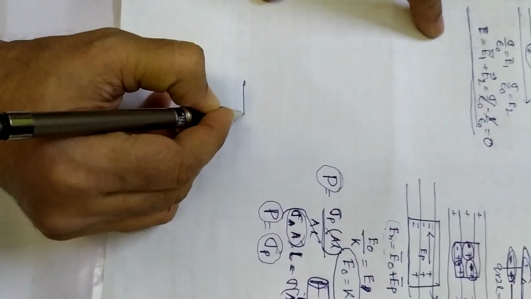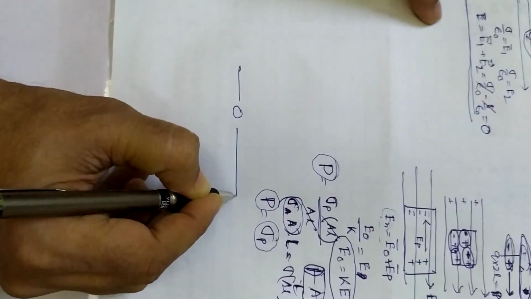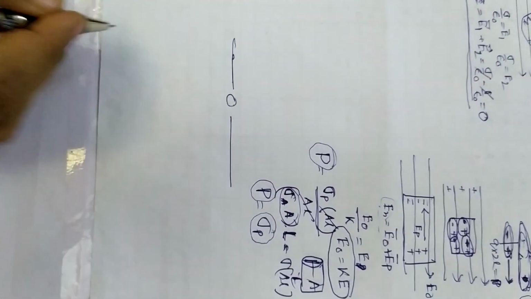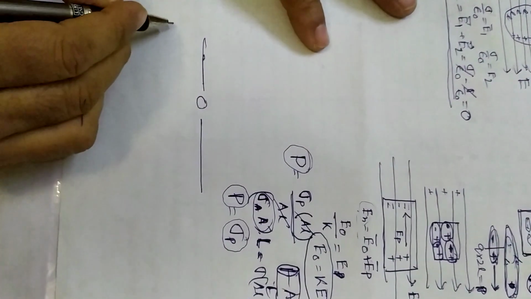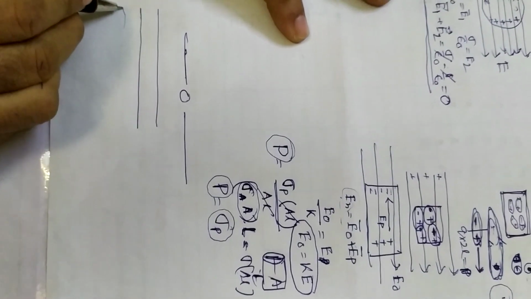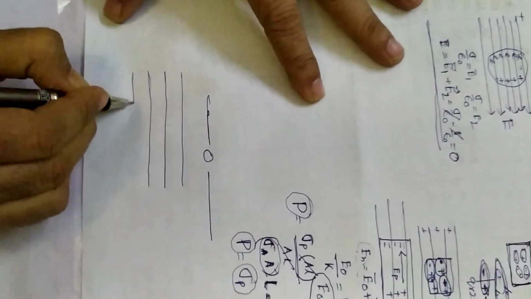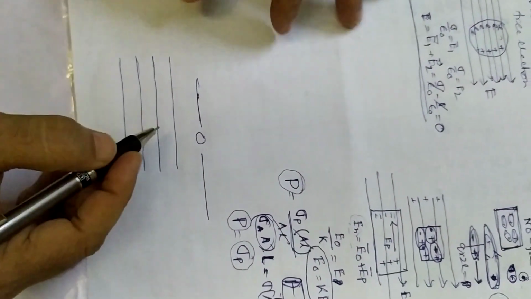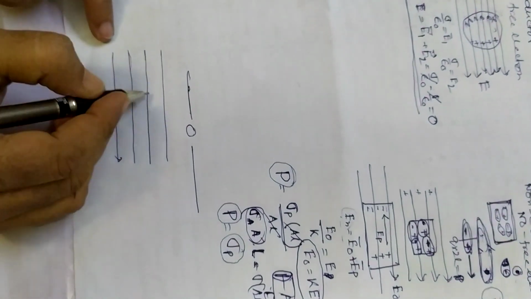Now with this knowledge in hand, we'll be finding how a dipole behaves in an electric field. Suppose this is the electric field given. In this electric field we have taken a dipole. So this is the dipole.